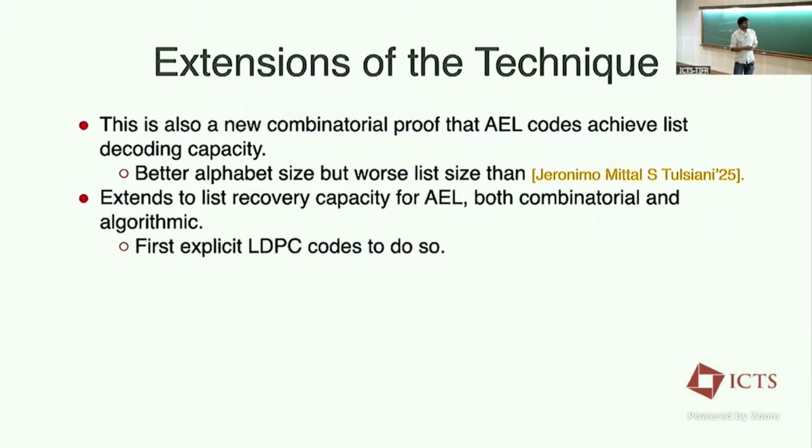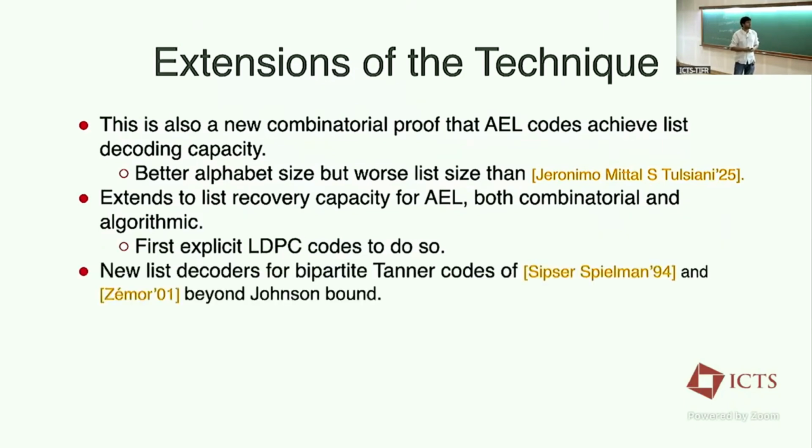You can get explicit LDPC codes that achieve list recovery capacity. And finally, for Tanner codes that are defined using bipartite spectral graphs, where the code words are all assignments to edges with local checks, these methods will give new list decoding algorithms that go beyond the Johnson bound.